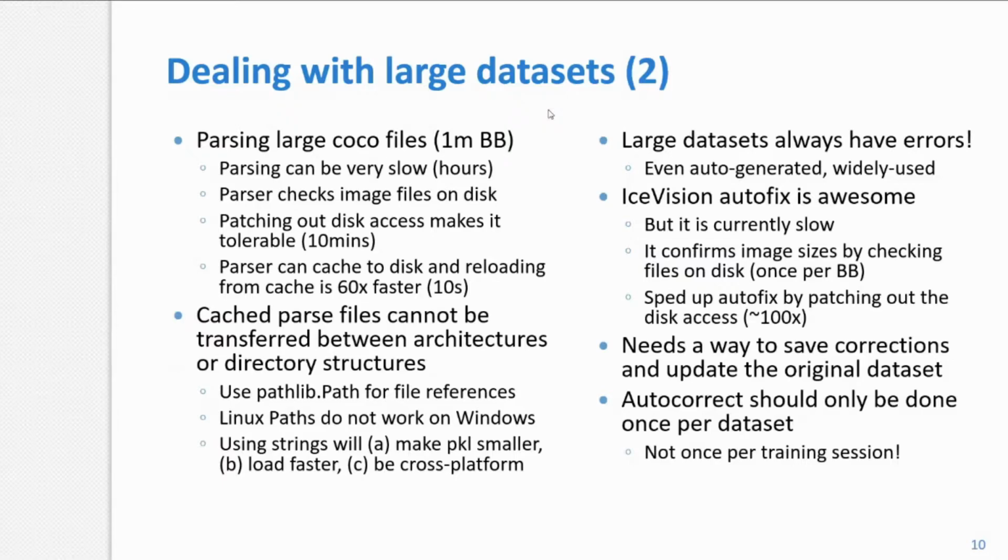So that's super slow. So I patched out the file system access, and that reduced my multiple hours down to 10 minutes, which was tolerable, but still horrific if you're in the sort of development loop where you're trying things out and tweaking as you go along.